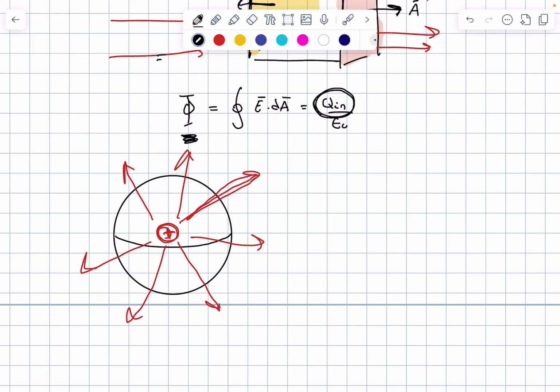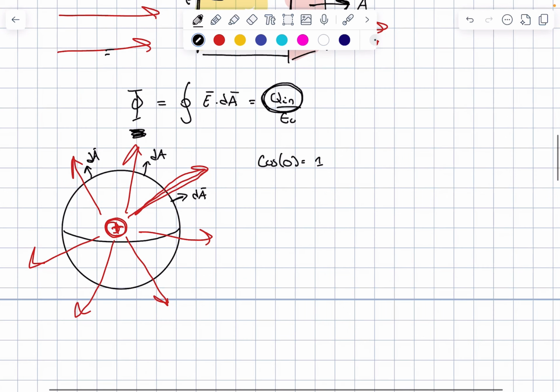Now I'm also going to have my dAs here pointing radially outwards in the same direction as my electric field lines. They're in the same direction, so cosine of 0 is equal to 1. So I'm going to have a positive flux. And the positive flux is going to be proportional to how much charge I have in.